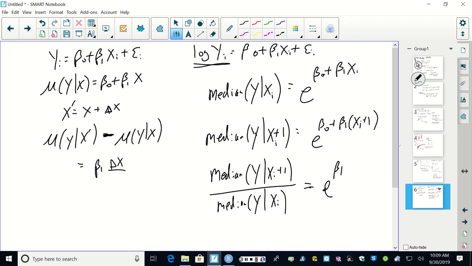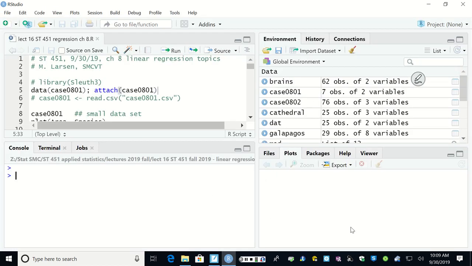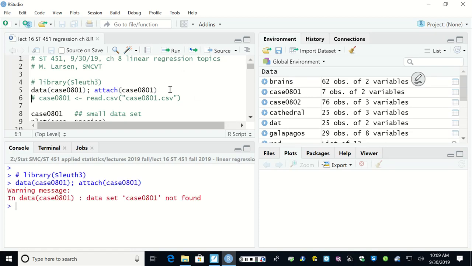Okay, let's get some experience with these. The handout has some code there, and the first data set that's used as a case, make sure that's done.